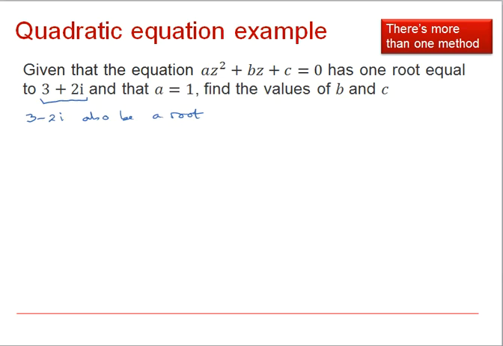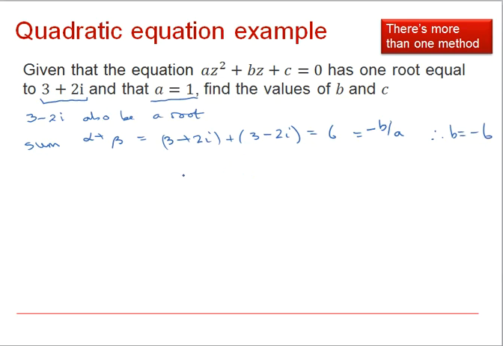Let's use a method which looks at using the roots. The sum alpha plus beta will equal 3 plus 2i plus 3 minus 2i, which equals 6. In other words, that's minus b over a. Given that we know a is 1, b equals minus 6.